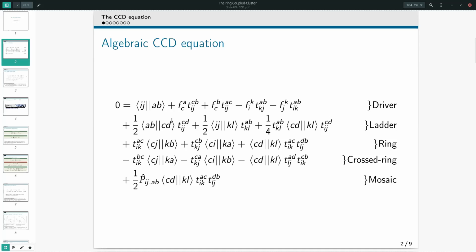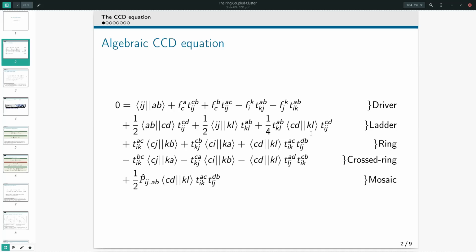Here it's a particle-particle contraction, and here a hole-hole contraction. So that's the ladder term.